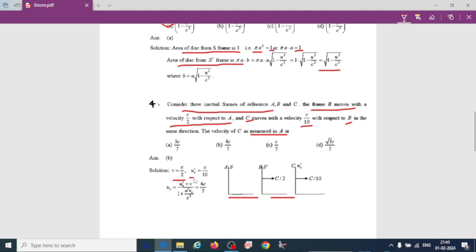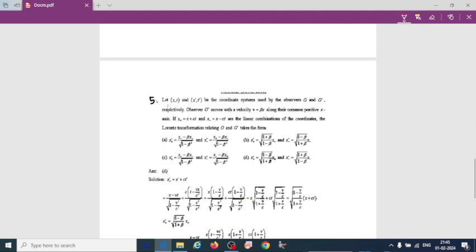Here the initial velocity is c by 10 for frame of reference C. Then we have the formula to calculate the relative velocity: u x equals u x prime plus v divided by 1 plus u prime v x divided by c squared. Just substitute the values of v and u x prime here, we will get u x. The velocity of C as measured in A is 4c divided by 7. Option B is correct.